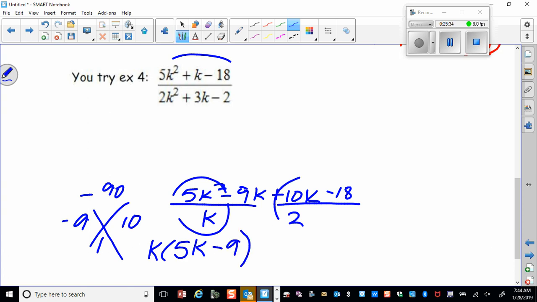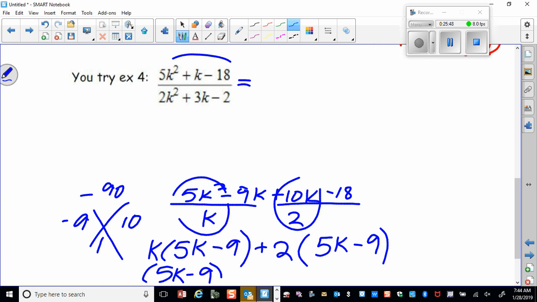And then I divide these ones, with a plus 2 for the common factor, and I get 5k minus 9. So now the 5k minus 9 is my common factor, and my other factor is k plus 2. So I've got 5k minus 9 times k plus 2.